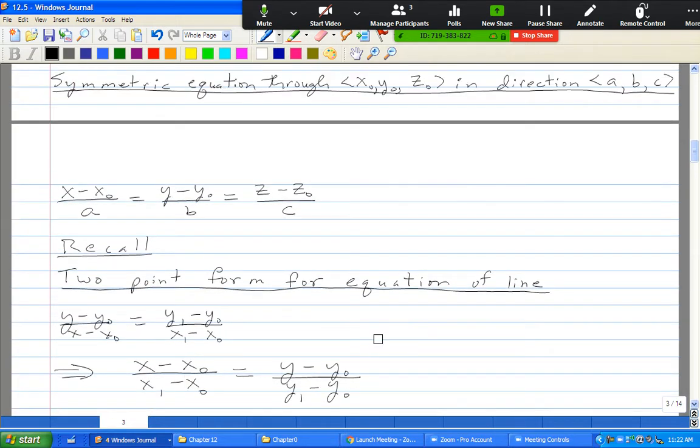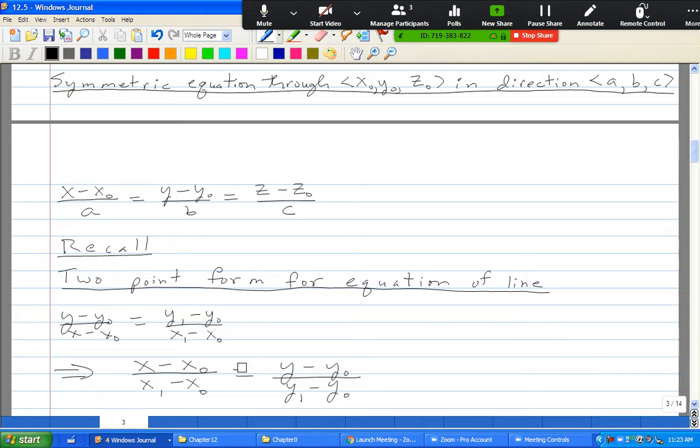The 2-point form for the equation of a line. If you recall, the 2-point form is just y minus y0 divided by x minus x0 equaling y1 minus y0 over x1 minus x0.